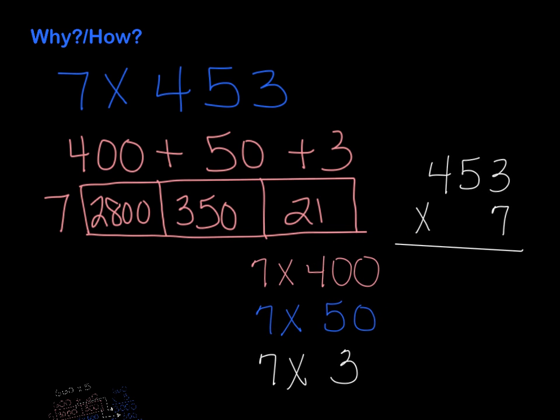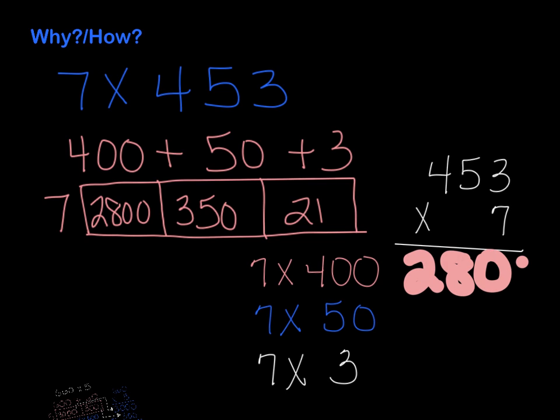we have our 453 times our 7 written out just like a normal multiplication problem, and I'm going to multiply those out. So my 7 times my 4 gave me 2,800, and I've got some big fat marker there that I need to switch out.